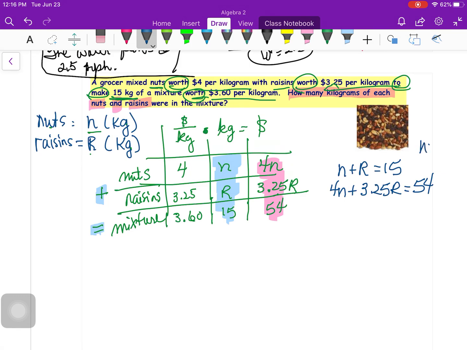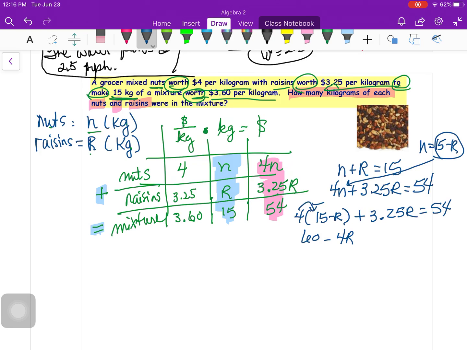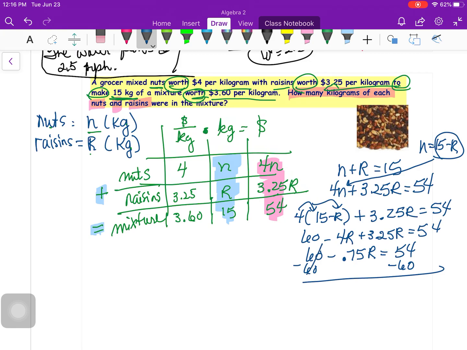If I solve this one for nuts, I would get N equals 15 minus R. I'm going to put that in the N spot. So I get 4 times 15 minus R plus 3.25R equals 54. 60 minus 4R plus 3.25R equals 54. 60 minus 0.75R equals 54.